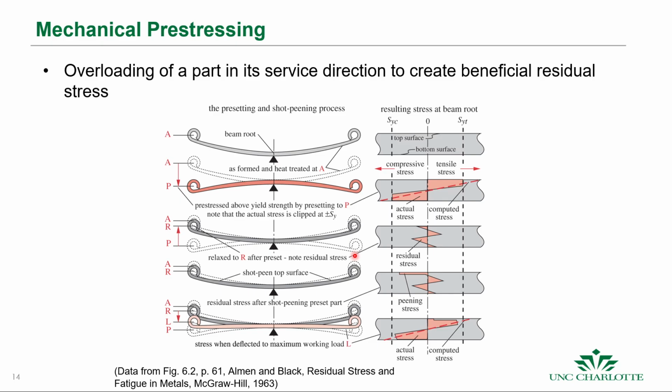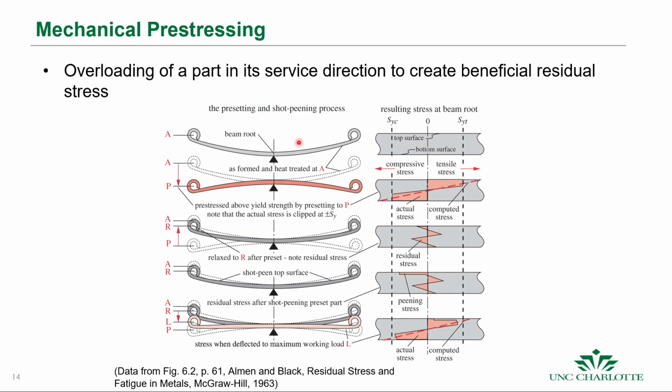This is a leaf spring for a vehicle. What's done is it is overstressed and then preset. That's the overloading, the mechanical stressing. And you can use this presetting with shot peening to really improve the life.